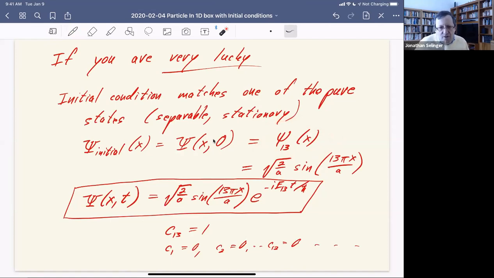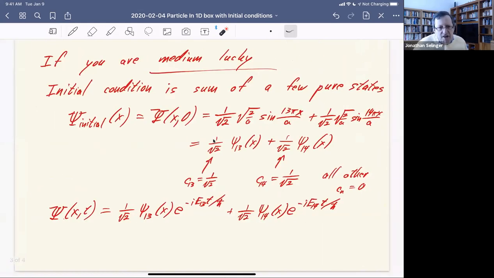We know that the coefficient C13 must be 1, and all the other C coefficients have to be 0. So we have this pure state, number 13, and it's going to evolve in time with this exponential factor, e to the minus i E13 t over h bar. Okay, so that's the situation if the initial wave function matches one of the special separable states.